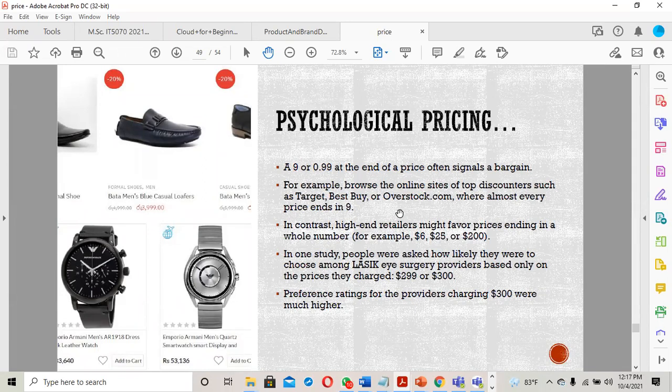How much is your brand worth? For that brand equity, it's going to add some more money to the price. That brand is very popular and expensive, so you are paying for the product and for the brand.